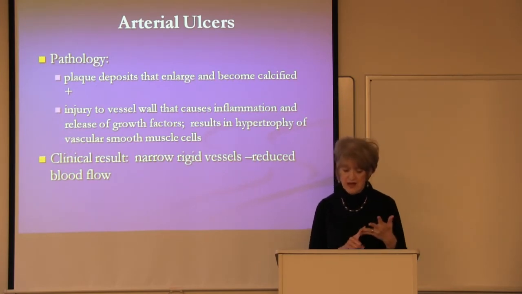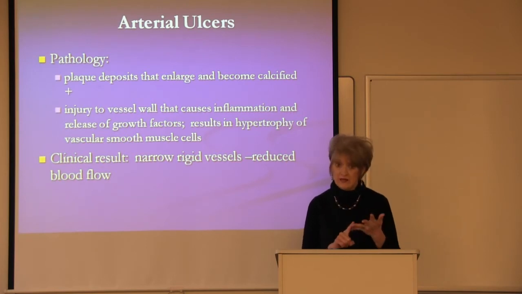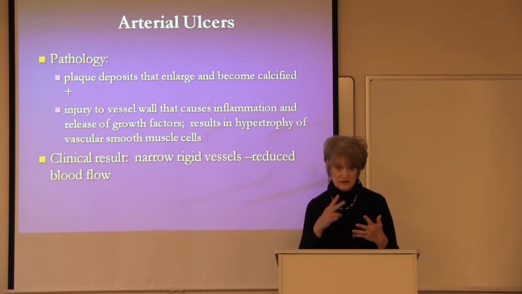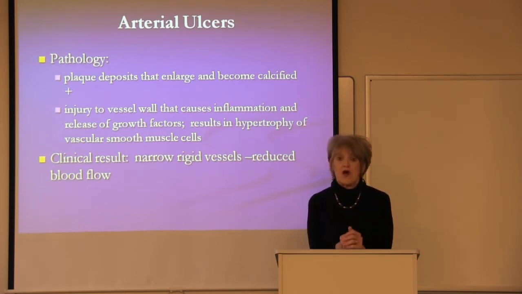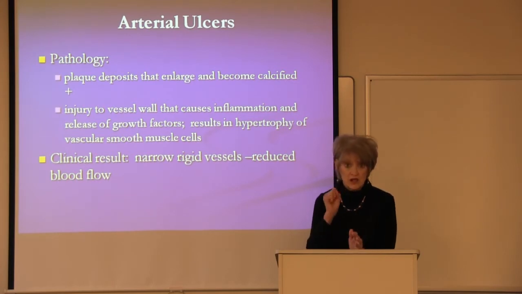You'll see it talks about patients who have elevated lipid levels, patients who have elevated homocysteine levels. Also, we know that patients who use tobacco, and especially smokers, are in a hypercoagulable state. So they're much more likely to form little clots that can get lodged in those narrow vessels and occlude the vessel and cause an acute ischemic episode.